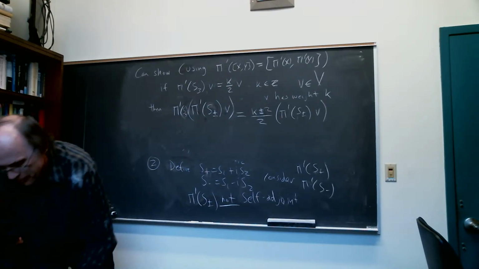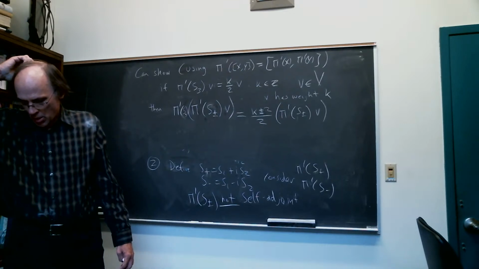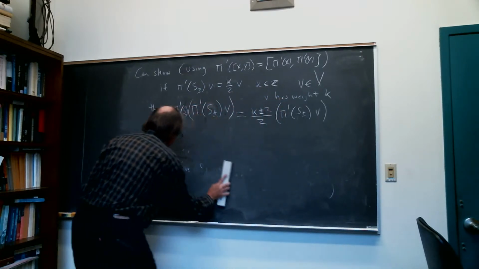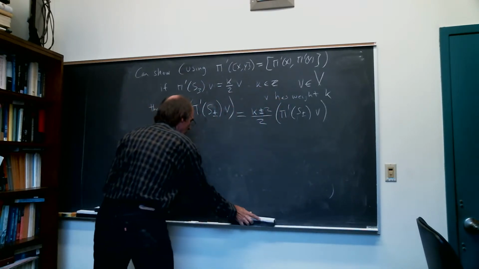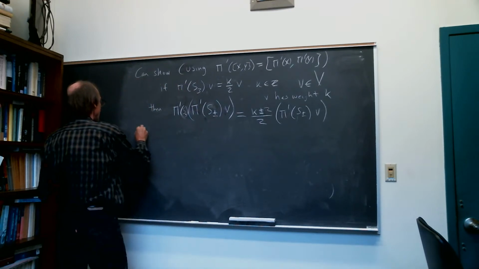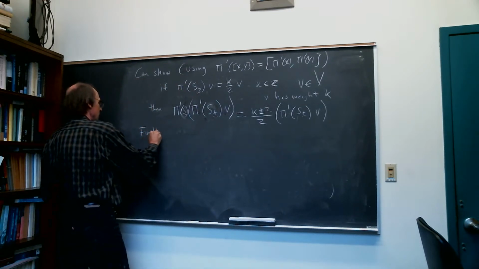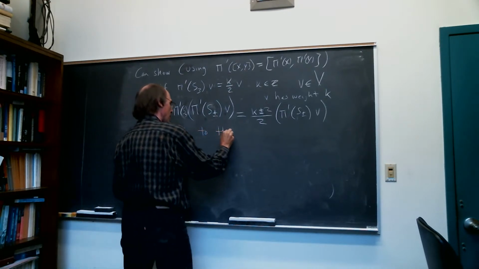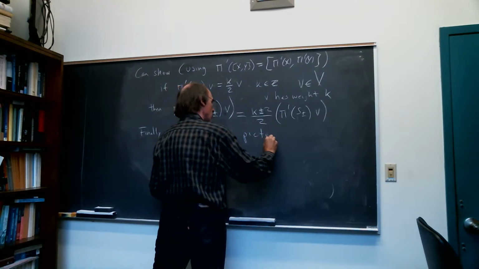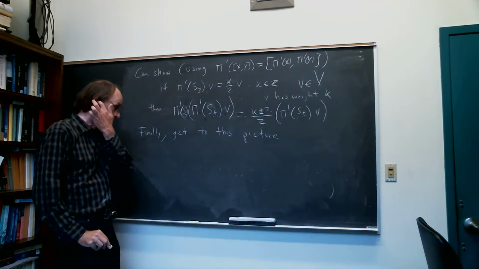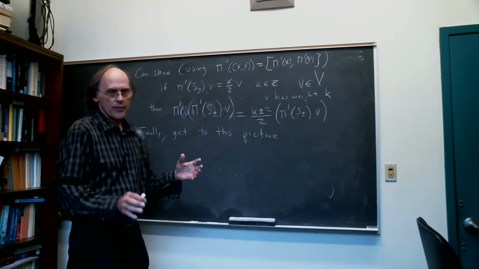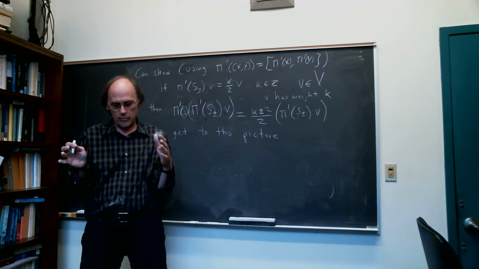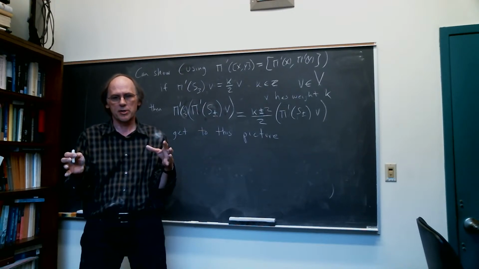Then to finish up, you end up with a really nice picture of the representation. There's some more work to do, but you get to this picture: you can analyze any finite dimensional representation of SU2.